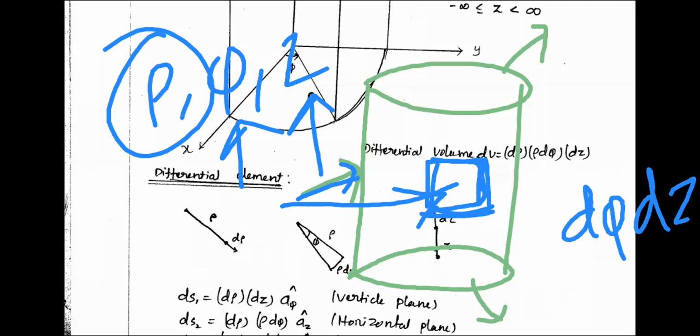What will be the perpendicular vector for that lateral surface? The unit vector for this surface is a rho cap, a vector coming radially outward from the central axis. So the lateral surface element involves d phi dz.